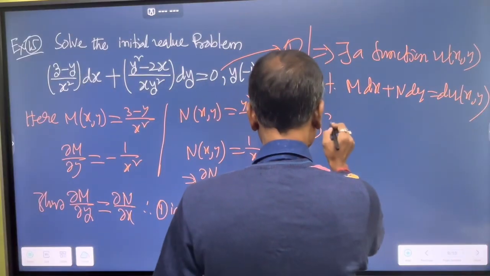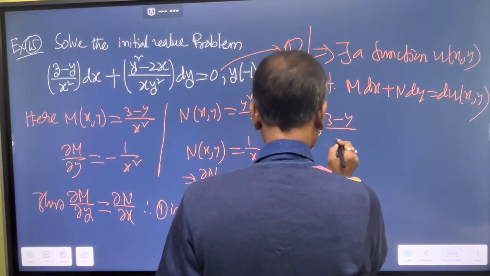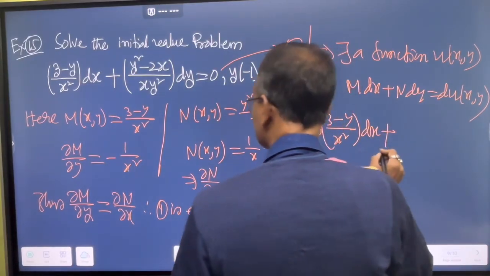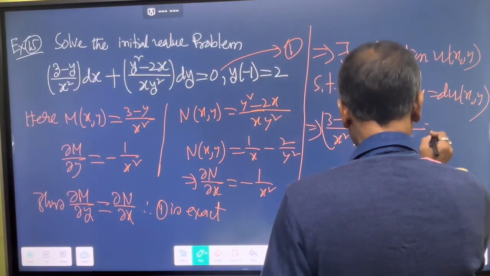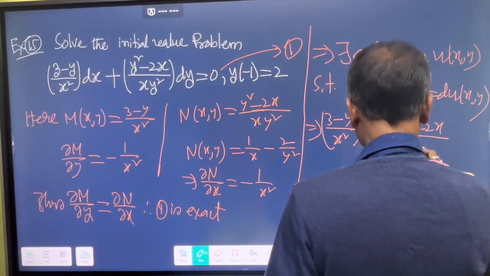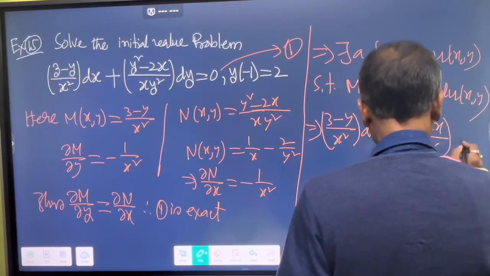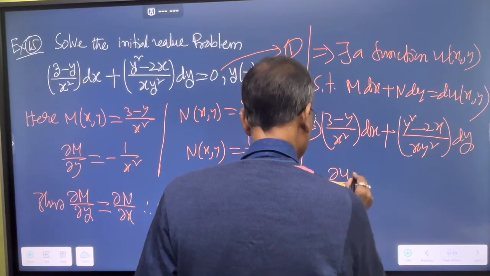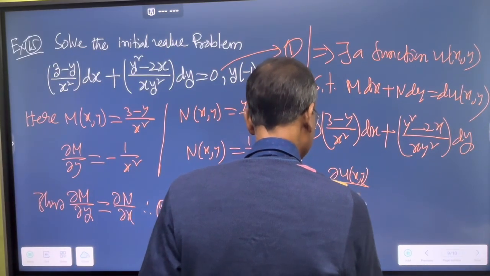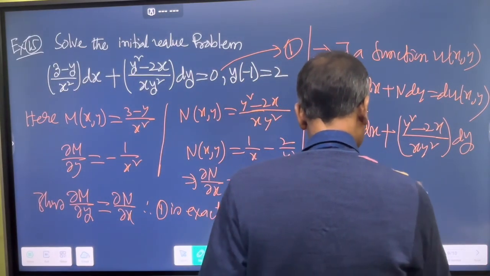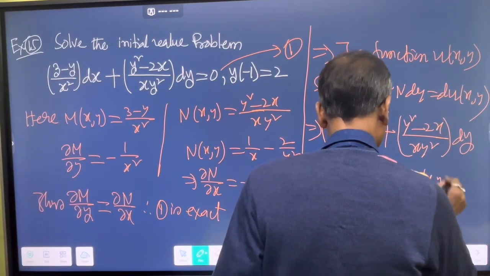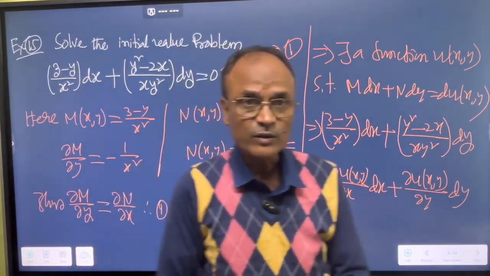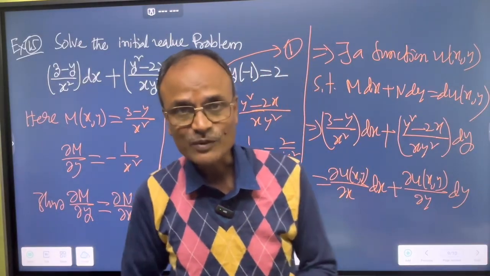What is M? (3 - y/x²) dx + ((y² - 2x)/(xy²)) dy is equal to ∂u/∂x dx + ∂u/∂y dy.